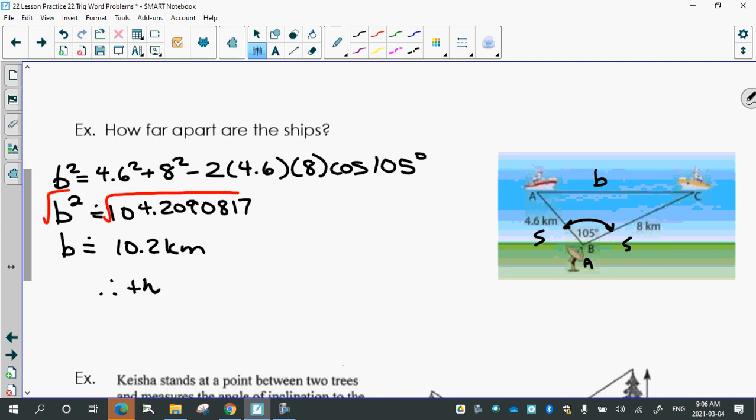Therefore, the ships are 10.2 kilometers apart.